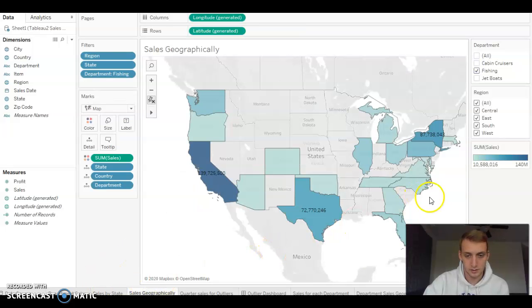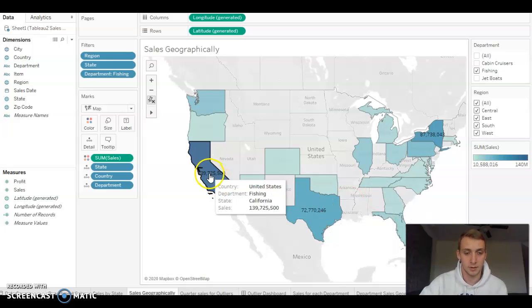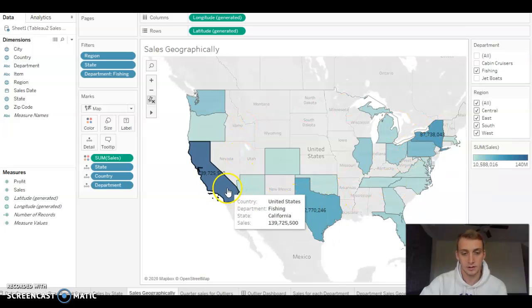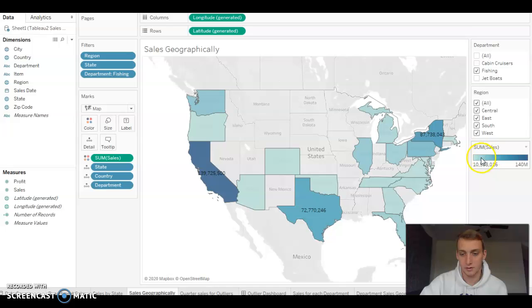So I went a little deeper and I found geographically the states with the highest sales. I have them marked. So fishing department, they had 139 million in sales, and then Texas and then New York. Compared to all the others, they are much darker in the higher range.